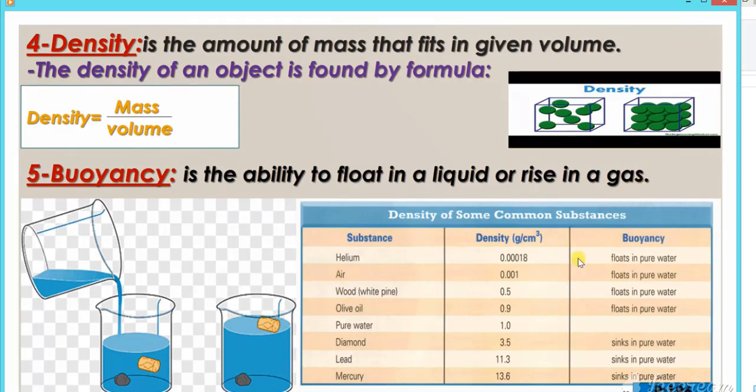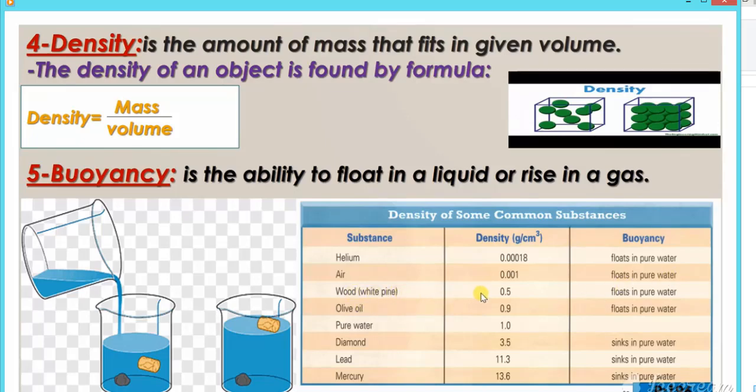I will talk about the table of densities of some common substances. Helium has a density of 0.0018 and floats in pure water. Air has a density of 0.01 and floats in pure water.